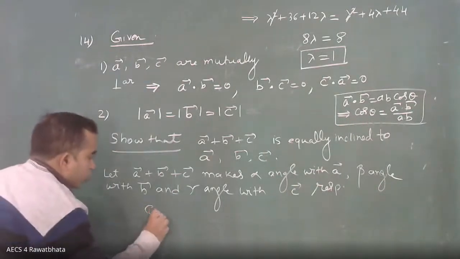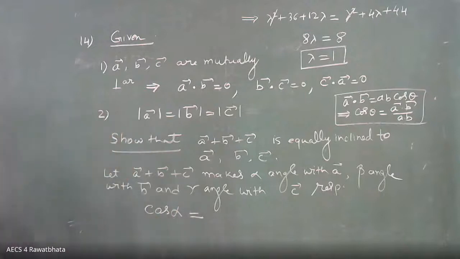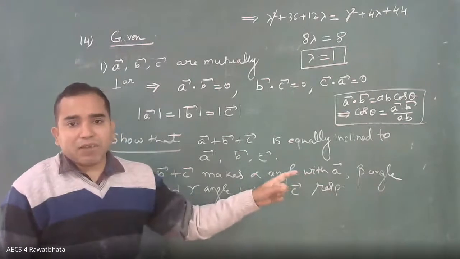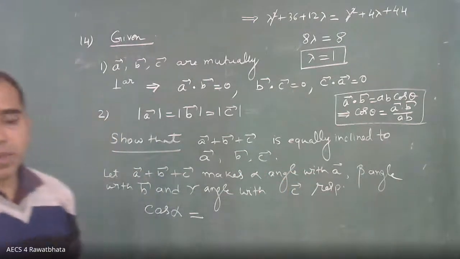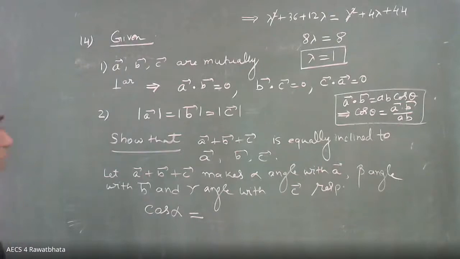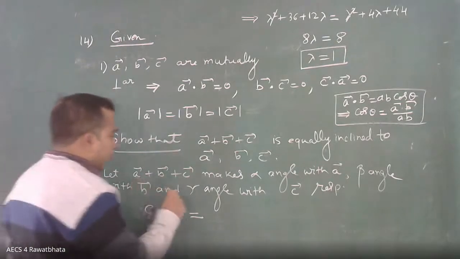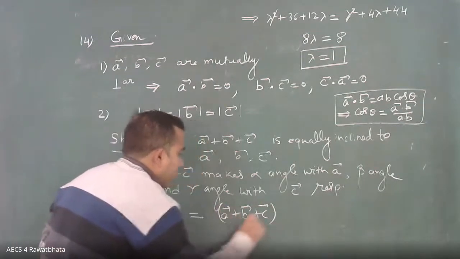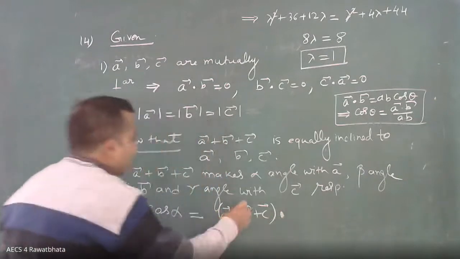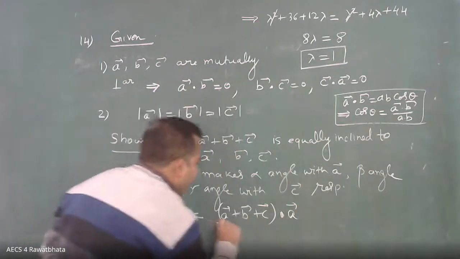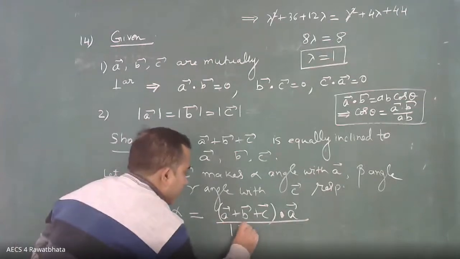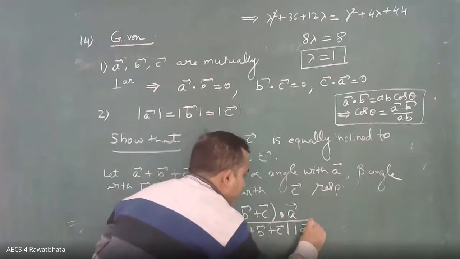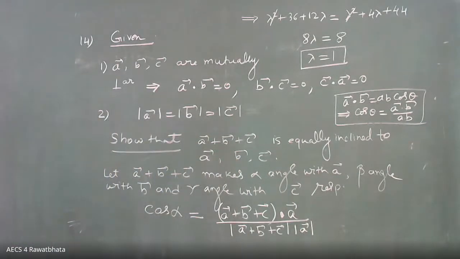So, cos alpha will be how much? Alpha is the angle between A plus B plus C and A. Students, to get cos alpha, you should take the dot product of A plus B plus C with A, whole upon their respective magnitudes, that is, the magnitude of A plus B plus C into the magnitude of A. Correct. Now let us simplify.